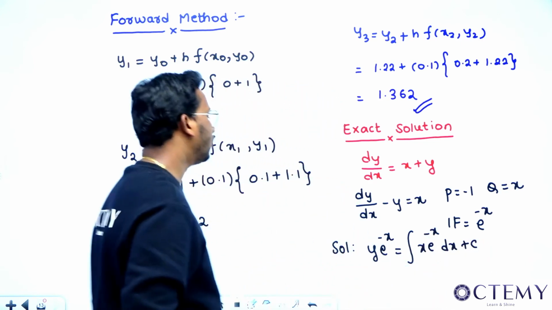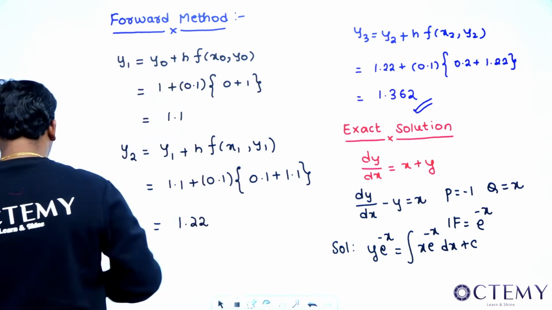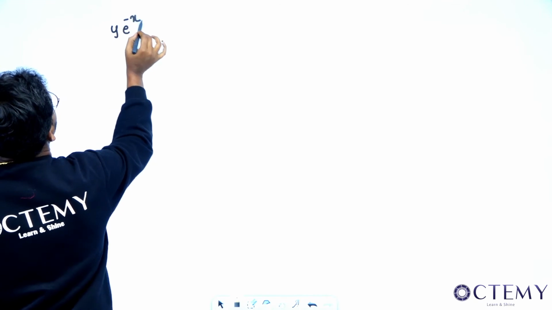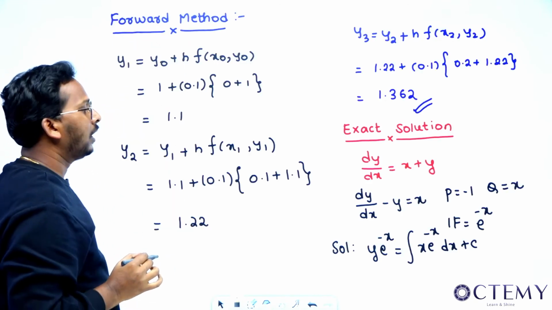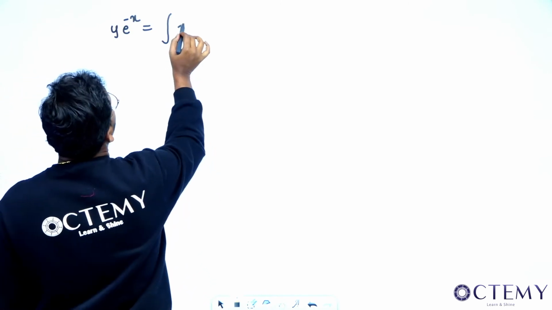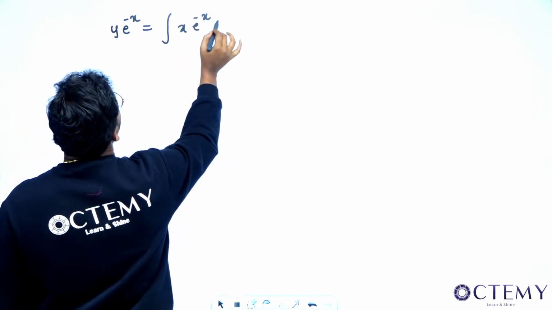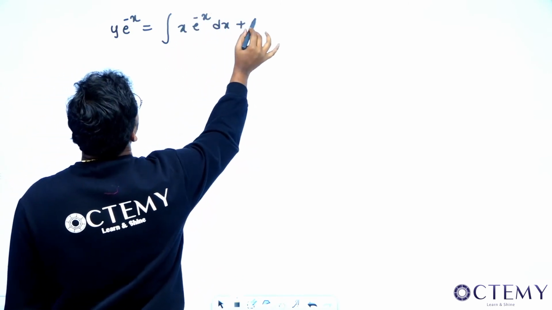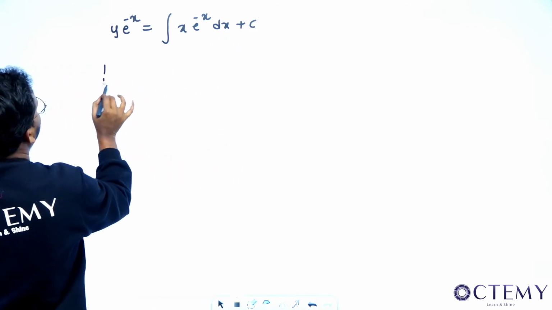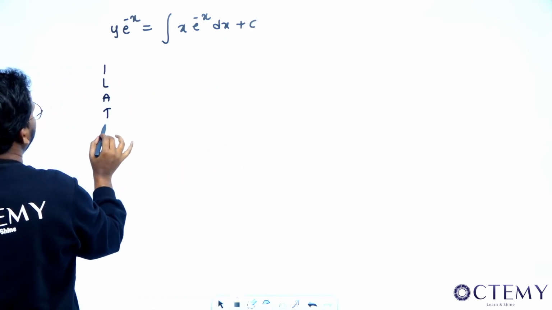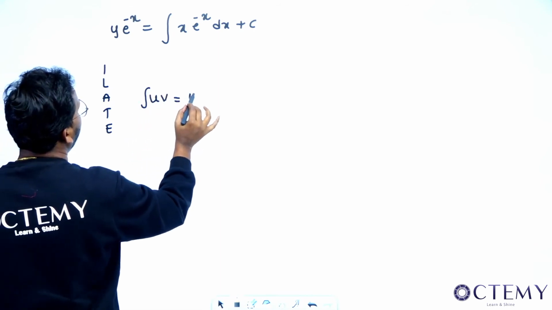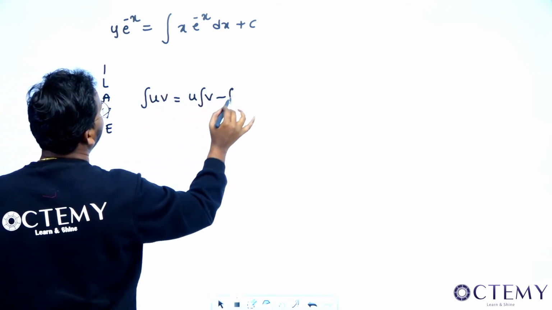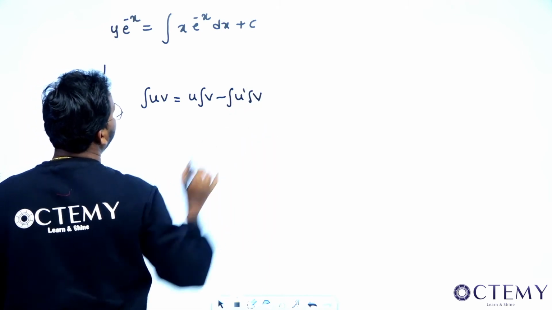So let us solve this. y into e power minus x is equal to integral of, see, sir, what you have? x into e power minus x dx plus c. So let us apply ILATE, I-L-A-T-E, that is integral uv is equal to u integral v minus integral u dash integral v, right?